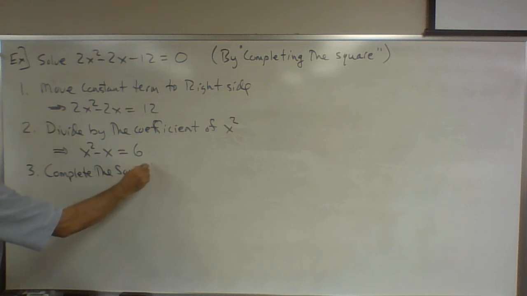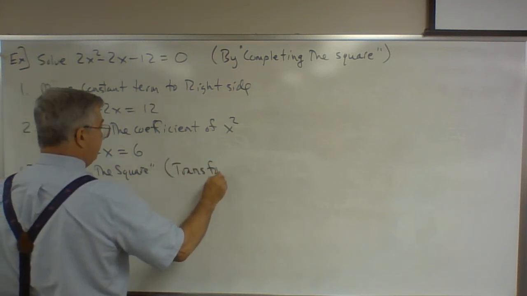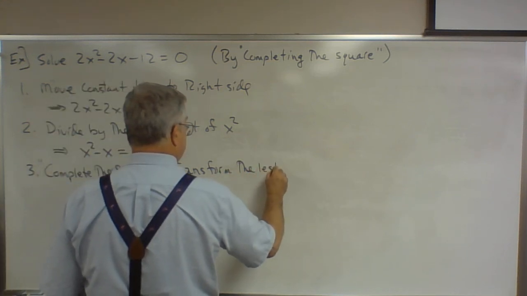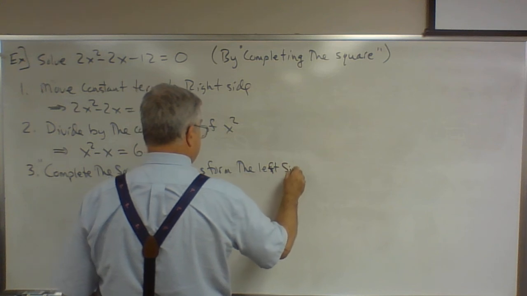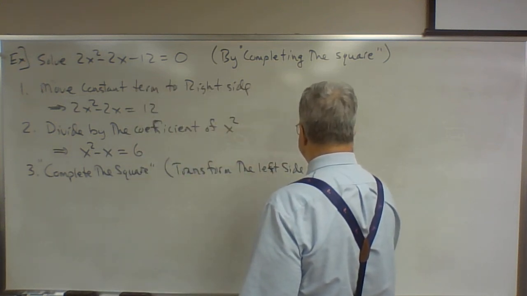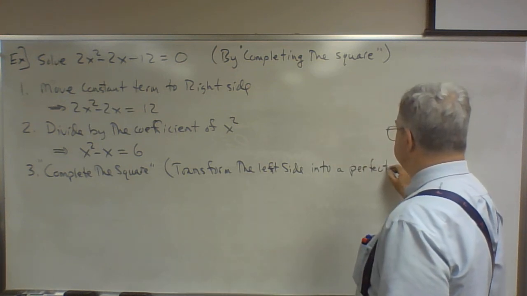The next term is called completing the square. And this is where we transform the left side into a perfect square.